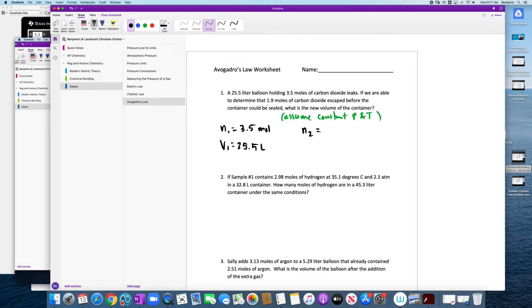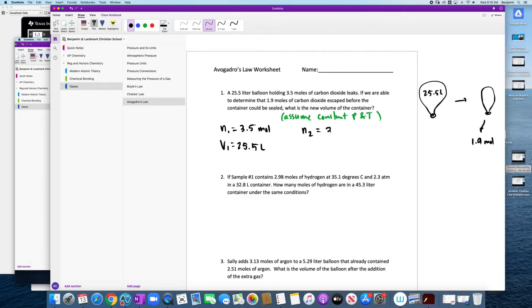Okay, so to determine that, we want to know what's actually in the balloon. If you think about it, the balloon started off with a volume of 25.5 liters, and then if a certain amount escapes, right, it says 1.9 moles of gas have escaped. That means we've lost 1.9 moles. That's not what's left.